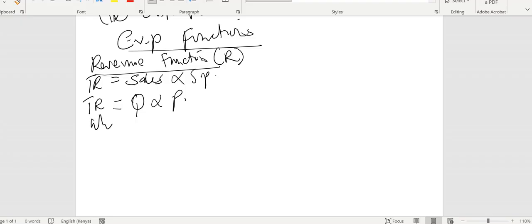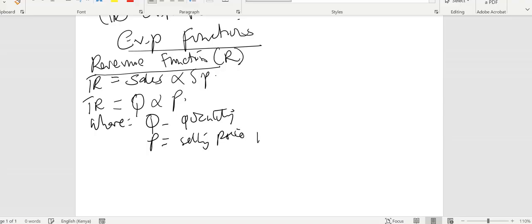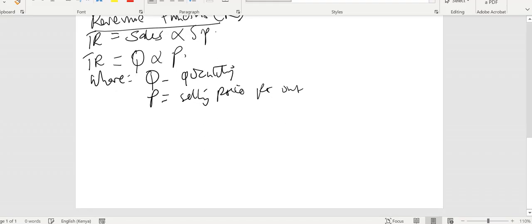So you can say here where Q is the quantity, P is the selling price per unit. So that's Roman 1. Roman 2 is the total cost function.